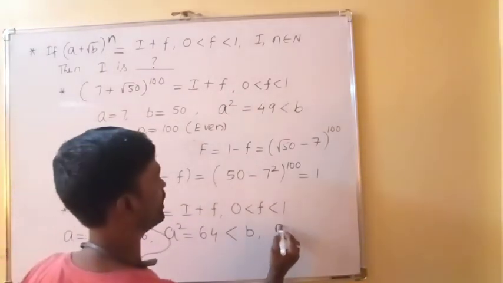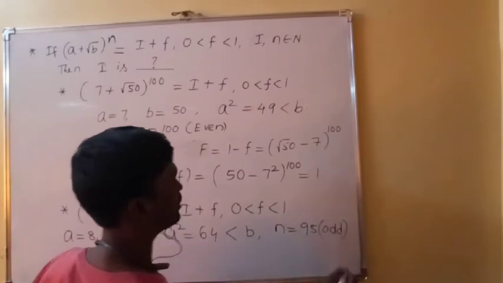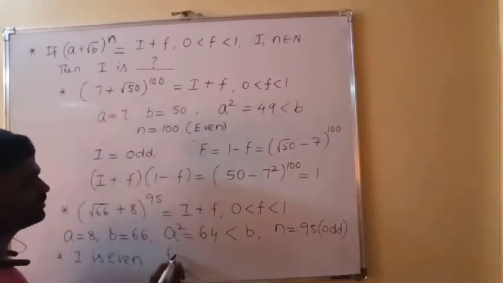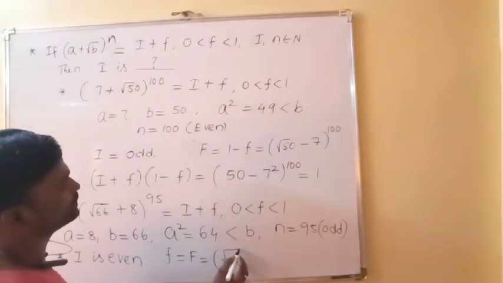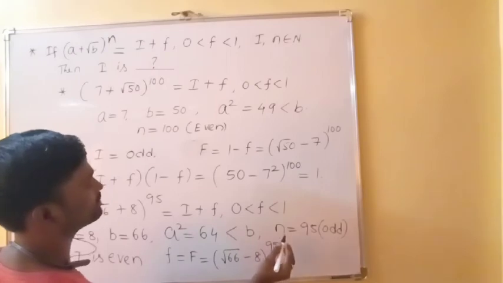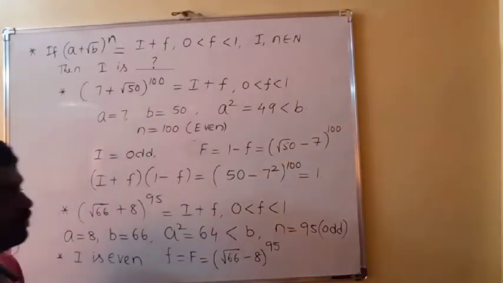And here what is the n value? 95, an odd number. So from the second part of the case 2, what can we conclude? I is even. And small f is the same as capital F, which is equal to what? (Root 66 minus 8) whole power, and n is nothing but 95.